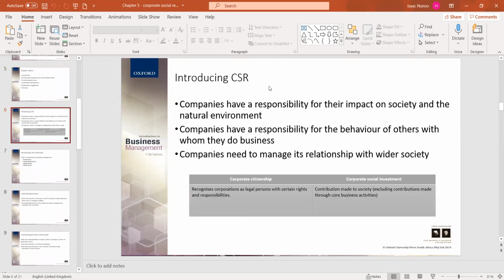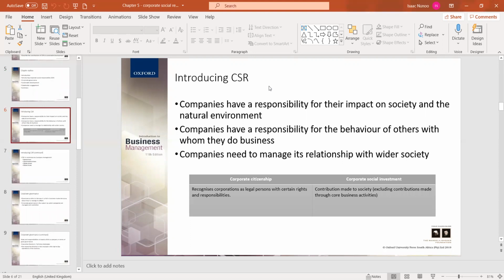Okay, so once we are trying to understand what corporate social responsibility is, we should be made aware that as a business entity, you are also entitled to issues that occur. As we discussed earlier, the main motive of a business enterprise is to make profit.